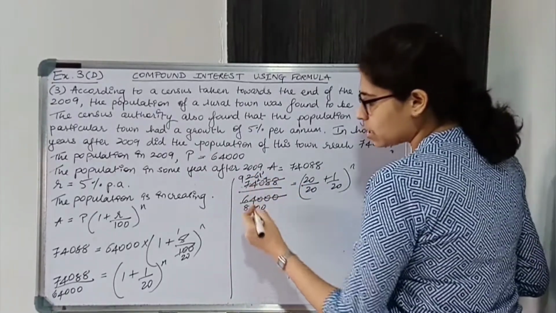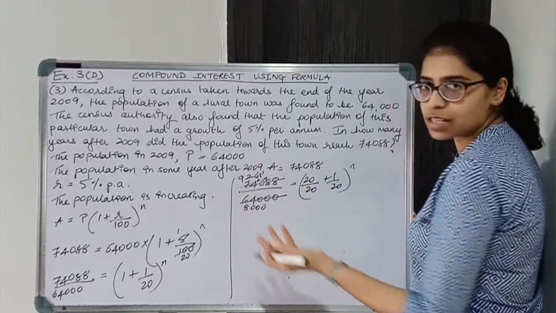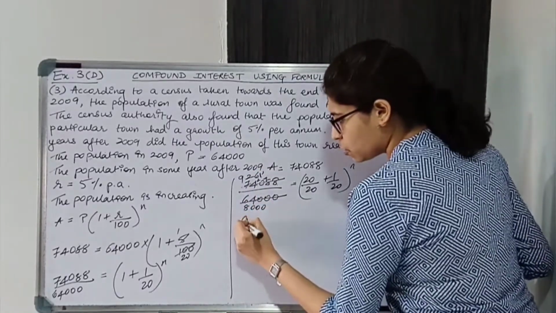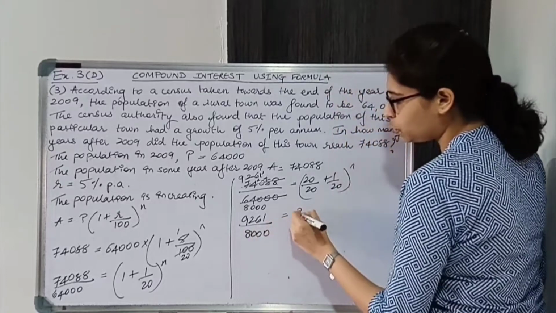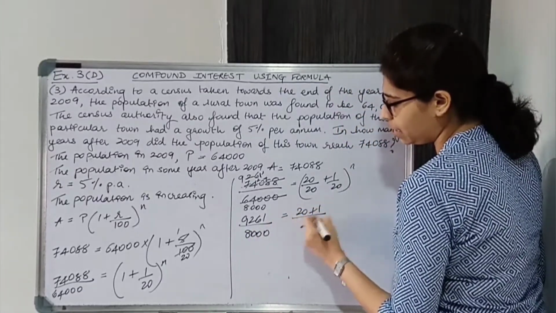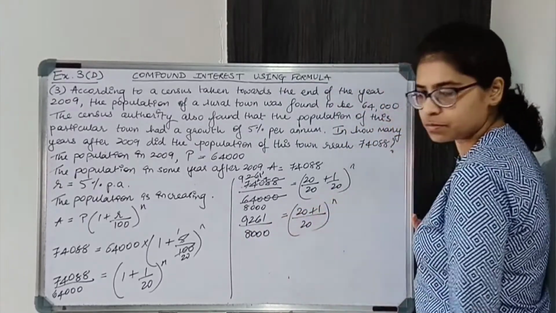So we get 9261 upon 8000. You cannot cancel further. So 9261 upon 8000 is equal to 20 plus 1 upon 20 raised to N.